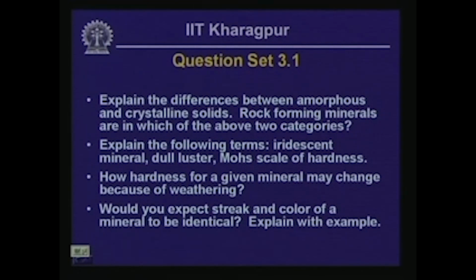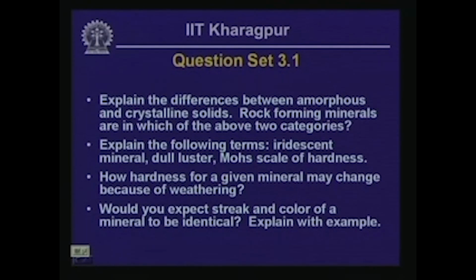Now, the second part of this second question asked for an explanation of dull luster. Dull luster essentially is a non-metallic luster which gives a dull appearance, as the name suggests, of the mineral. A good example of dull luster is the luster of chalk, for instance.